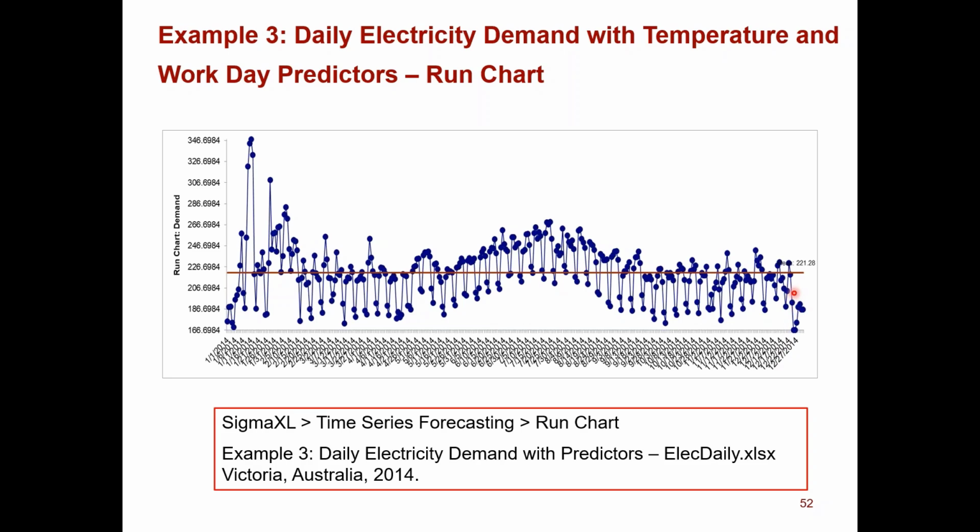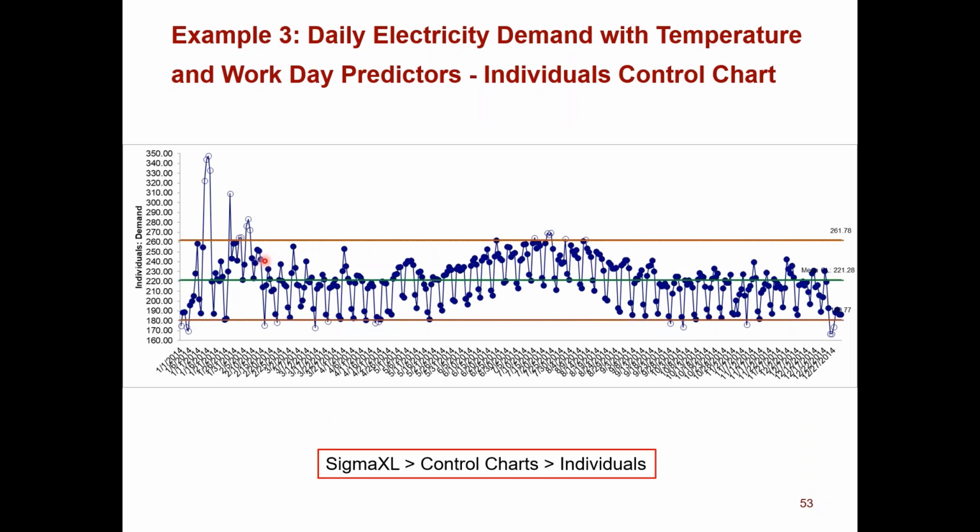So this is also interesting because what we're looking at is demand. In the wintertime, you have increased electricity demand because of heating, and in the summertime, you have increased electricity demand because of cooling. And if you plot this on a regular control chart, you get lots of out of control signals, again, because of the autocorrelation in the data.